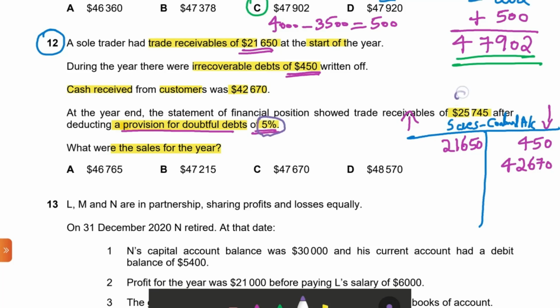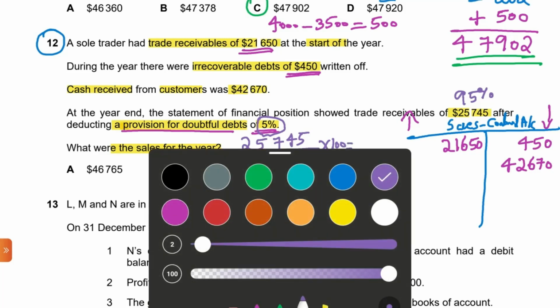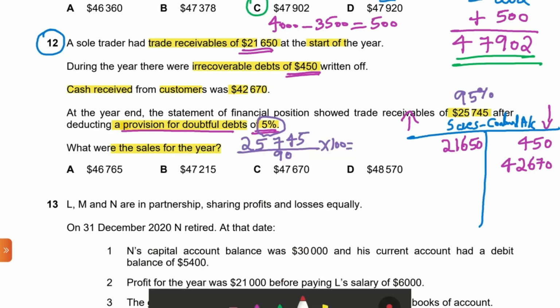So it is 95%. So our actual trade receivable before deducting provision for doubtful debt is 100. So how to find it? 25,745 divided by 95 multiply 100. How much is the amount?